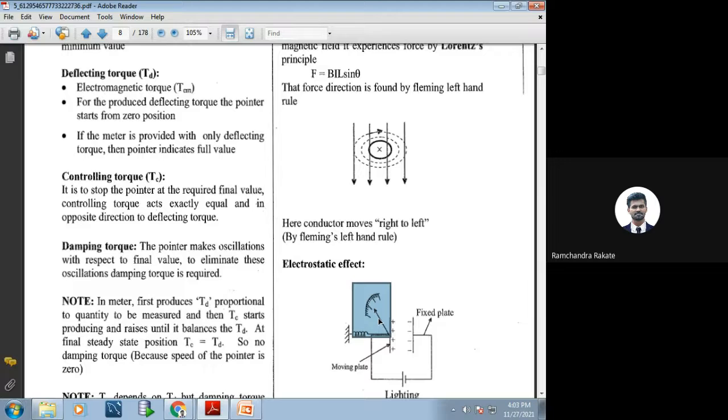Think of the example of a spring. So we have two methods to control this: one is the spring control method and the other is the gravity control method.